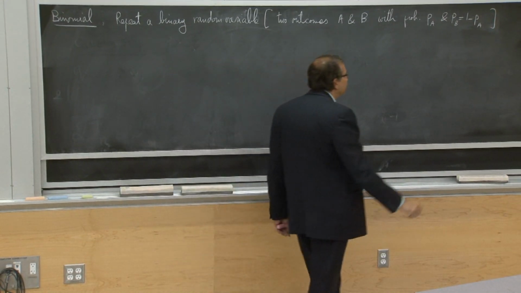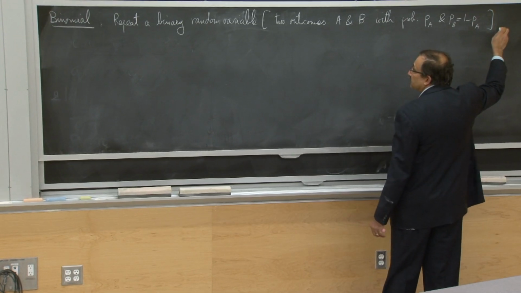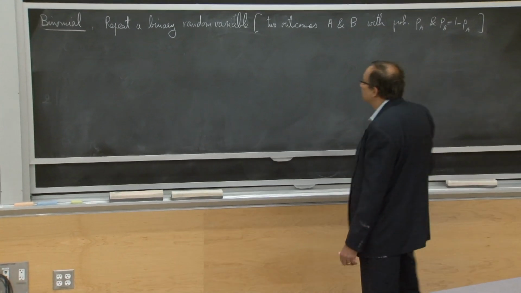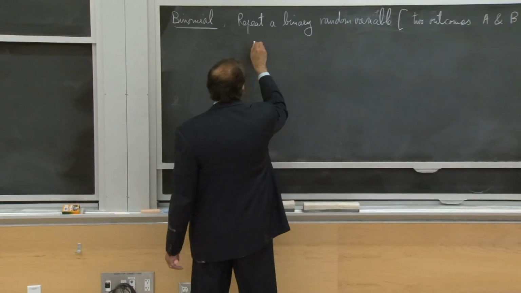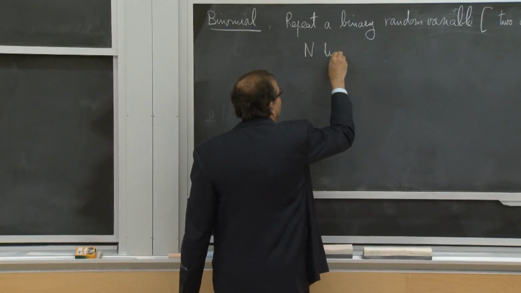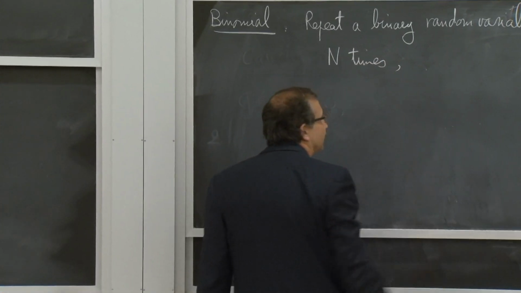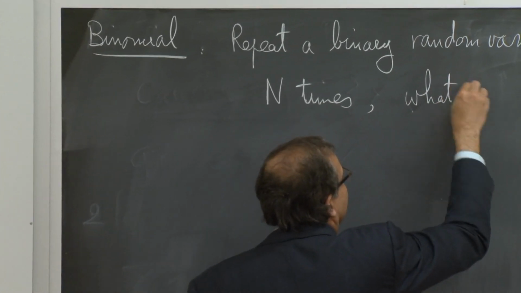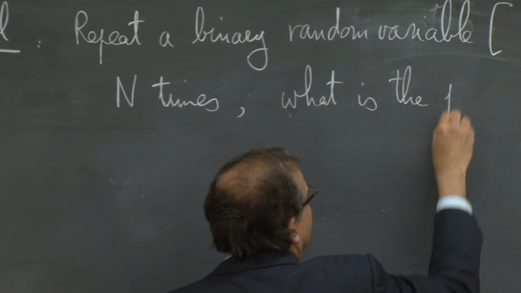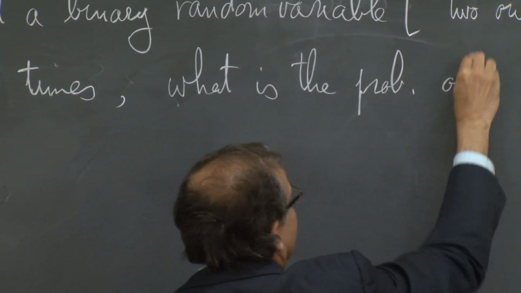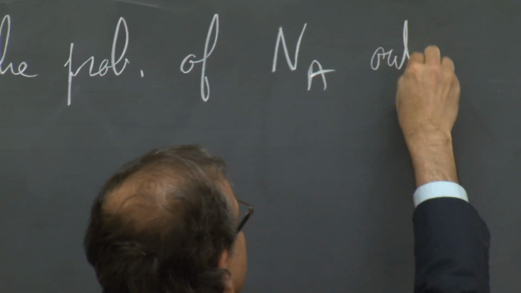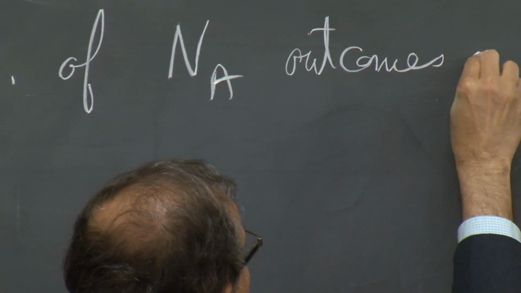And the question is, if we repeat this binary random variable n times, what is the probability of NA outcomes of A?